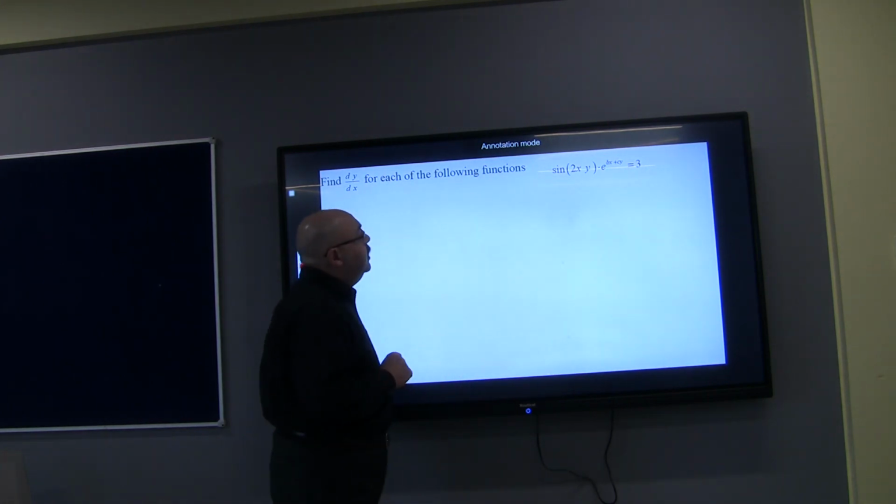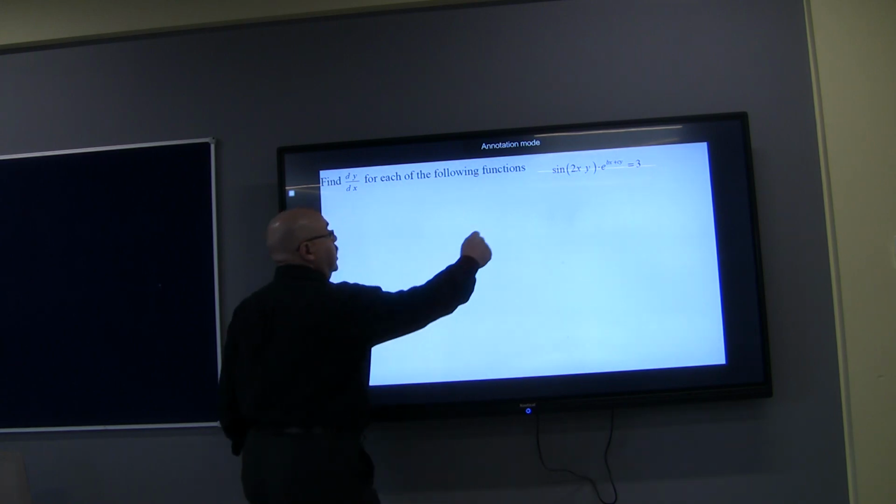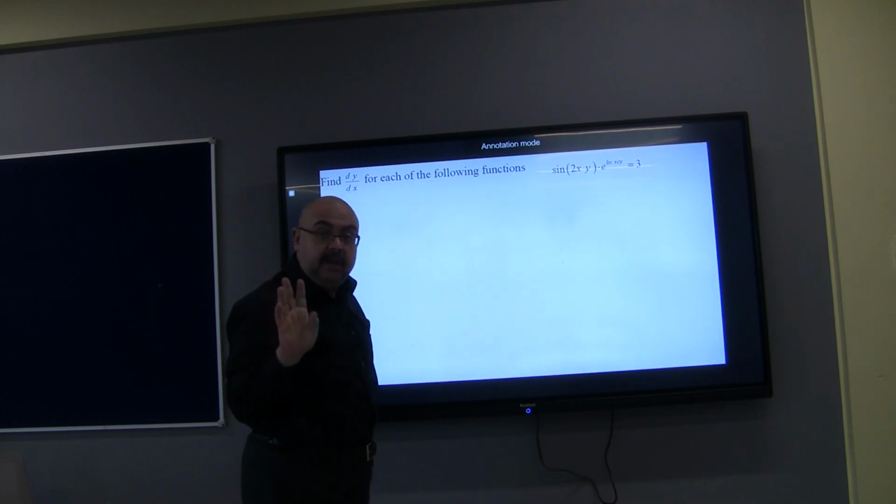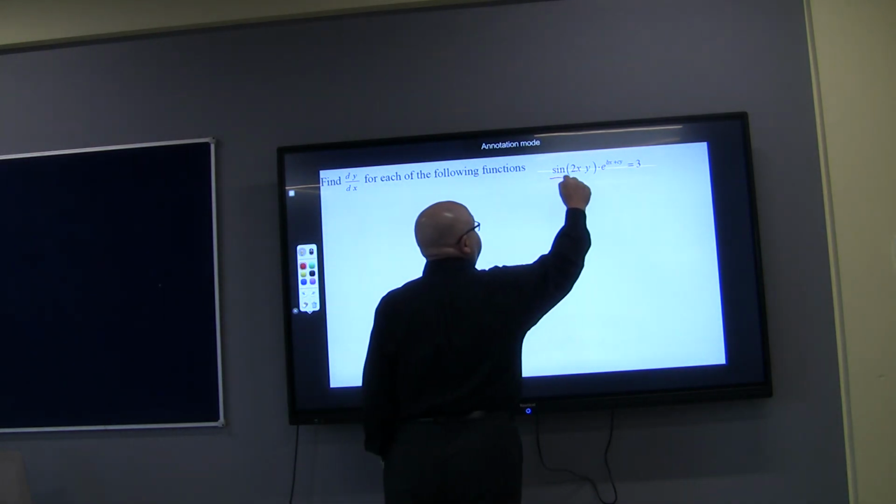تعالوا نشوف كده. So I will start, those are two functions multiplied by each other. I will start with the derivative of the first function.